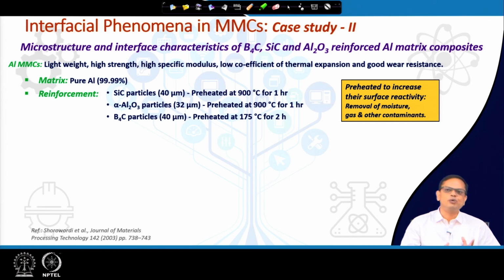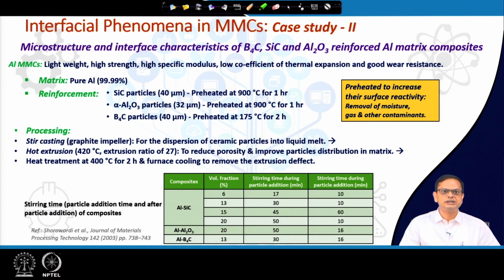So that if there is any moisture or volatile contamination on the surface of the particles, it gets removed and the surface becomes active. Any gas, moisture or volatile contaminants residing on the surface of these particles get removed by this preheat treatment, and the surface becomes more active towards making good interfacial bonding with the matrix.